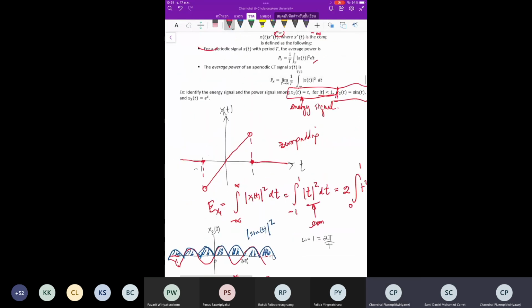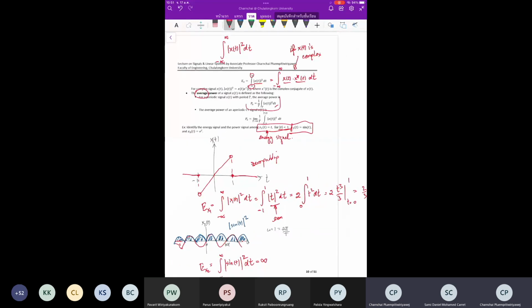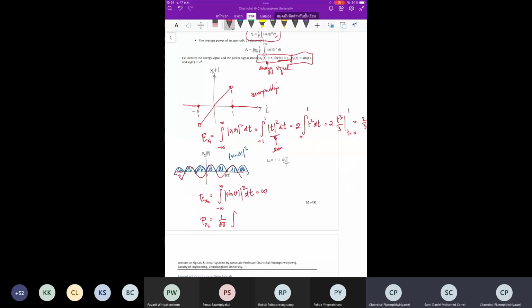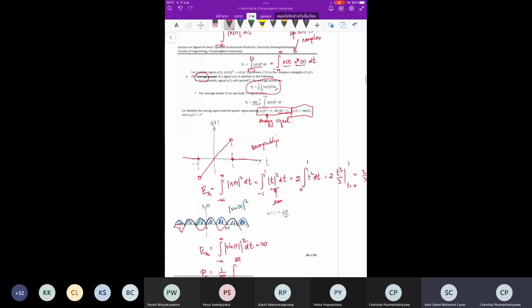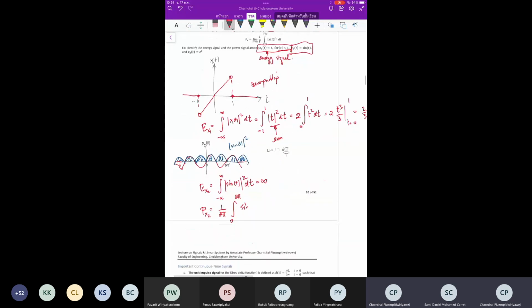That's 1 over T, according to the definitions here. And then integrate just one period, from 0 to 2 pi, of sin squared t dt. Do you know how to integrate this?